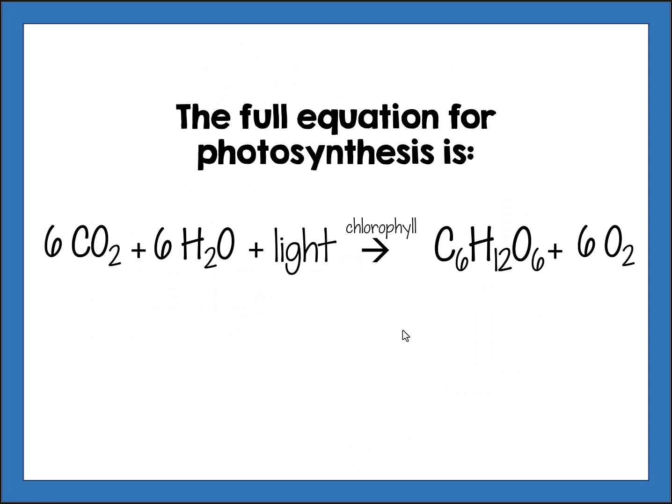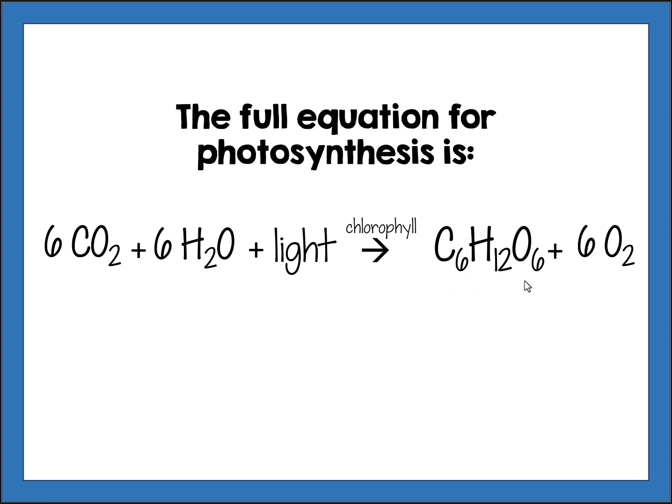So the full equation is 6 molecules of carbon dioxide plus 6 molecules of water plus light energy in the presence of chlorophyll will yield 1 molecule of glucose. This is C6H12O6, glucose, which is the simplest sugar. That's how that chemical energy is being stored.